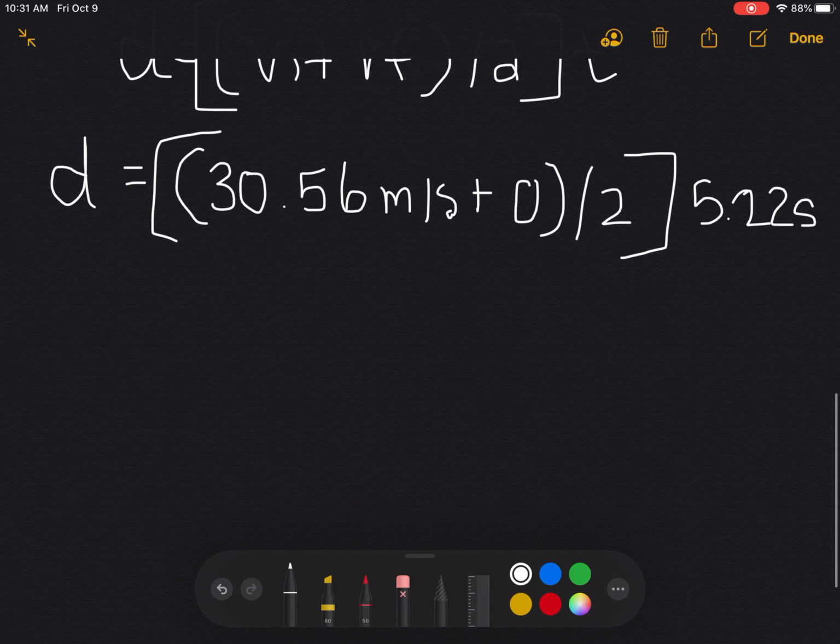Okay, so now if we calculate that out, we should get our stopping distance.